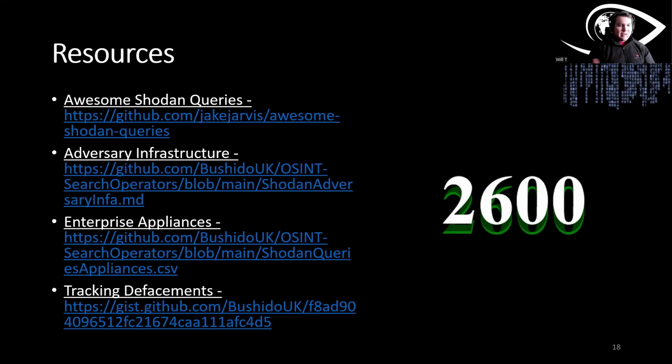Last thing to mention is that a lot of the time you're going to need an account to run these queries, or you're only going to get a very limited amount of query results, maybe 1 or 2 pages. So I definitely recommend buying a Shodan account. It's not a sponsored video or anything, but it's very helpful to have.